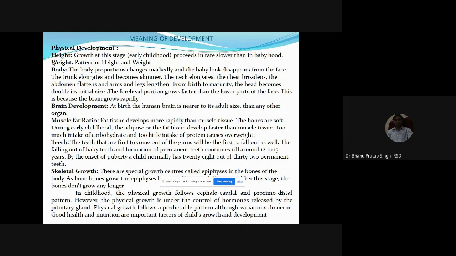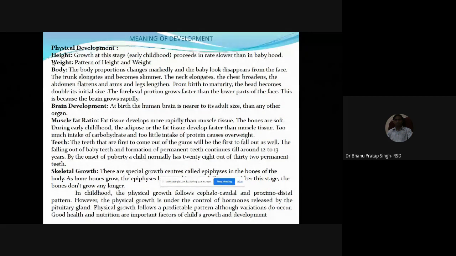If you talk about brain development, at birth the human brain is nearer to its adult size than any other organ. Other organs develop at a very rapid rate, but the brain develops in a very slow and continuous process.